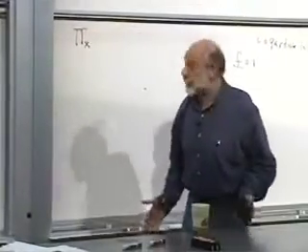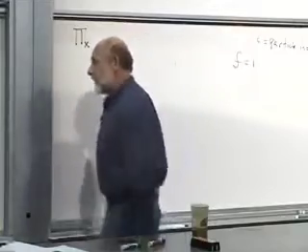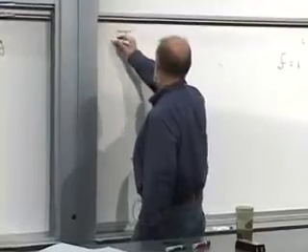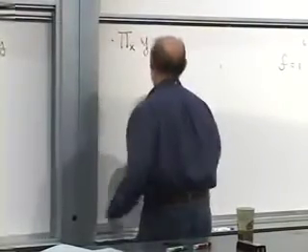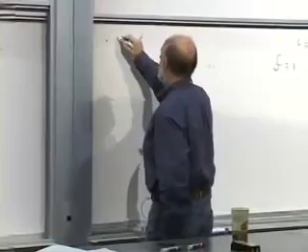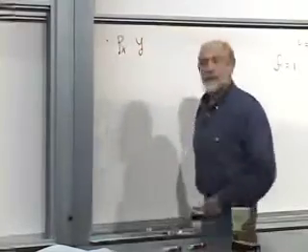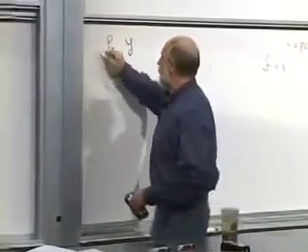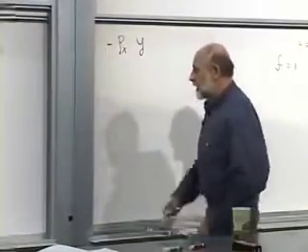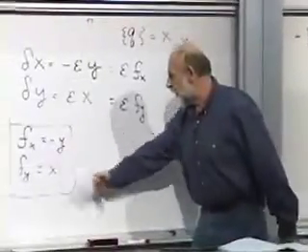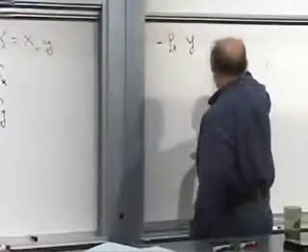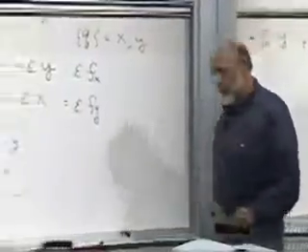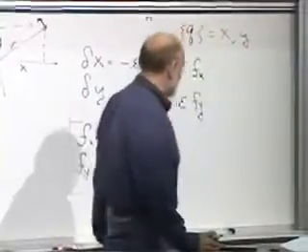The x component of momentum, let's just call this px, standard notation for ordinary linear momentum, times fx, but fx is minus y. So that's minus px times y. The minus sign comes from this minus sign over here. And the other one is plus py times x.